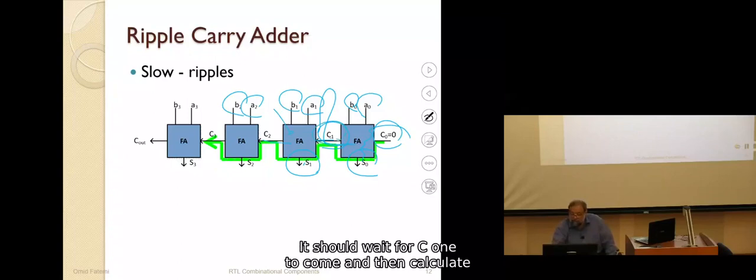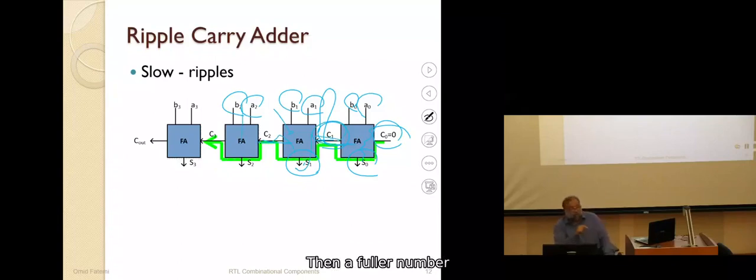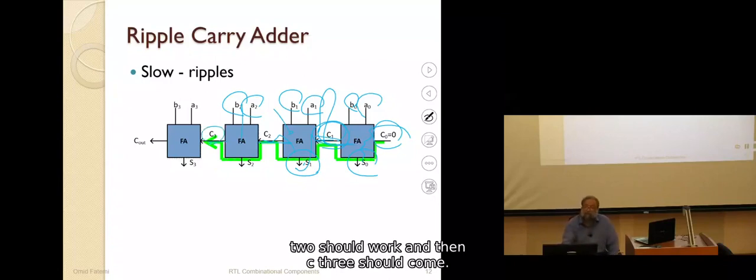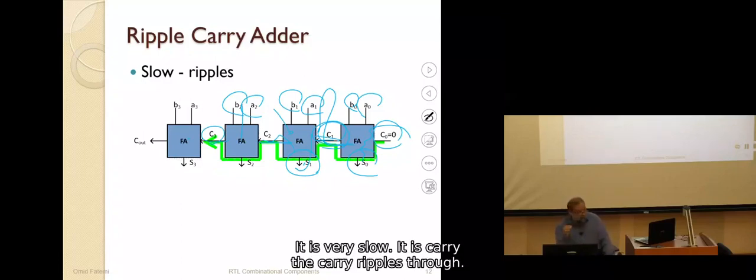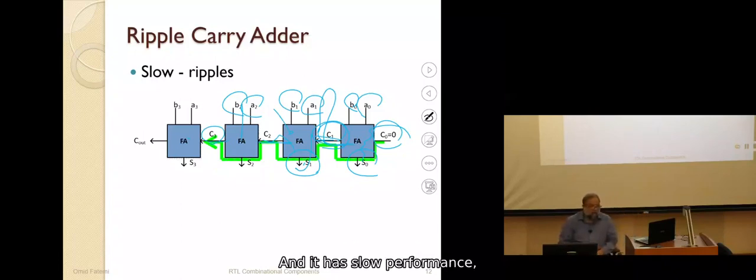It should wait for C1 to come and then calculate C2 and S1. And this C2 should be generated, then the A2, B2, full adder number 2 should work. And then C3 should come, then full adder number 3 works. So it is very slow. It is ripple carry. The carry ripples through, and it has slow performance.